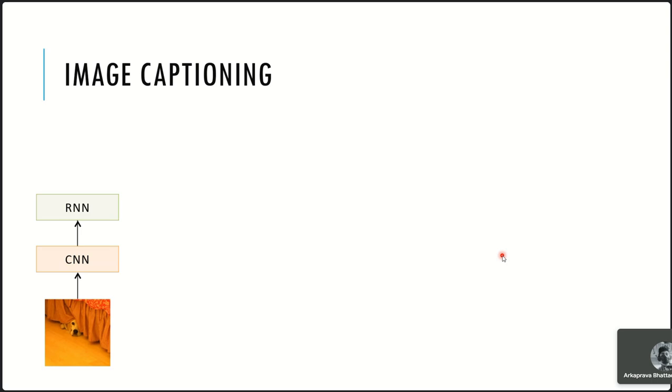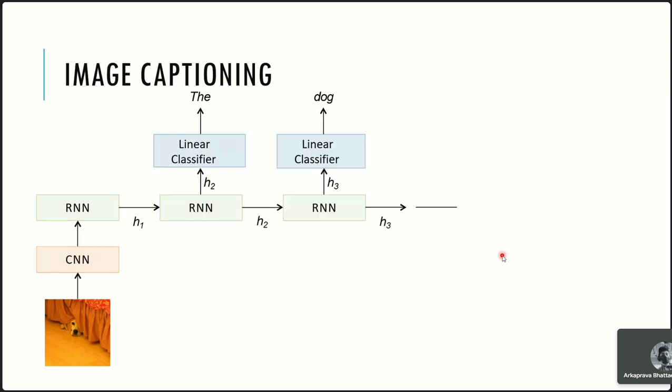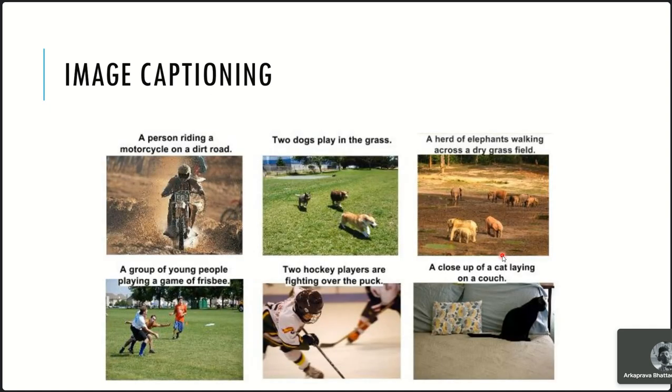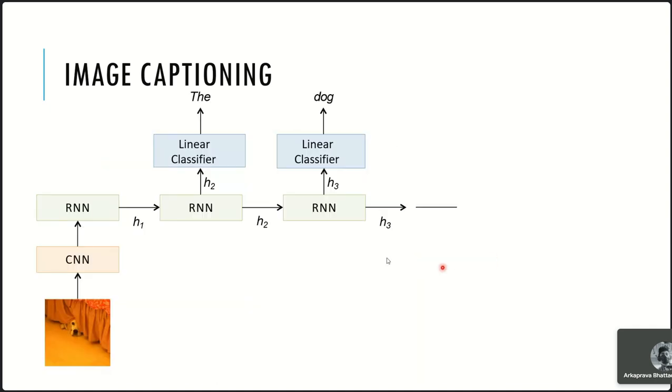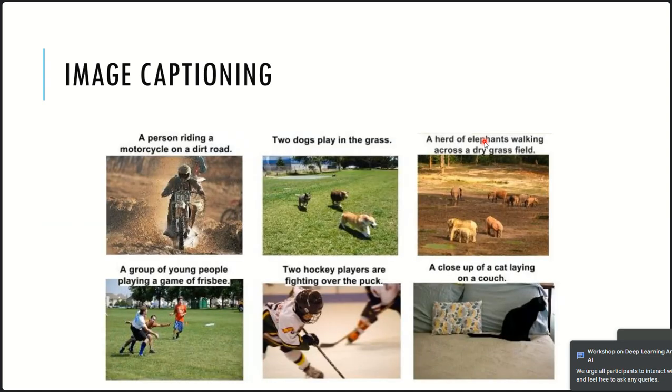Once the objects are identified, those words are fed into the RNN, and then your RNN will be able to give you the correct output, that is, the dog is hiding, etc. A lot of processing goes into this complex operation, but looking at the architecture, it seems quite trivial. And these are some examples of image captioning: a group of young people playing a game of frisbee, a close-up of a cat laying on a couch.